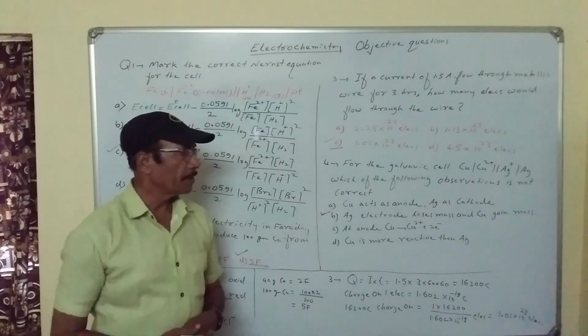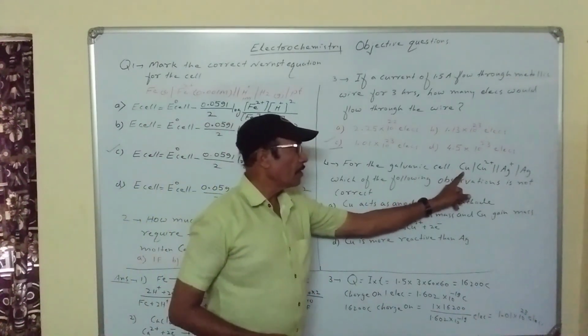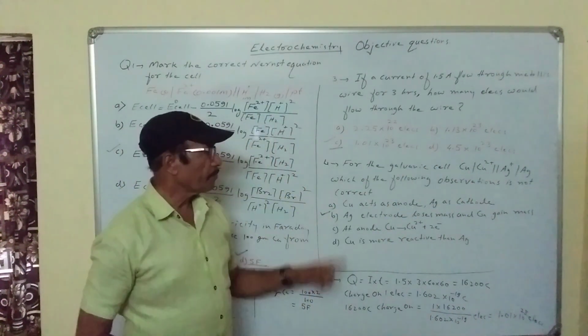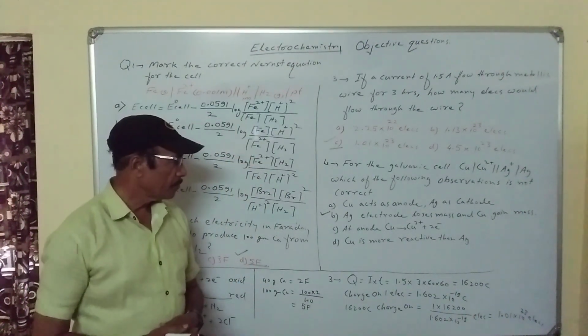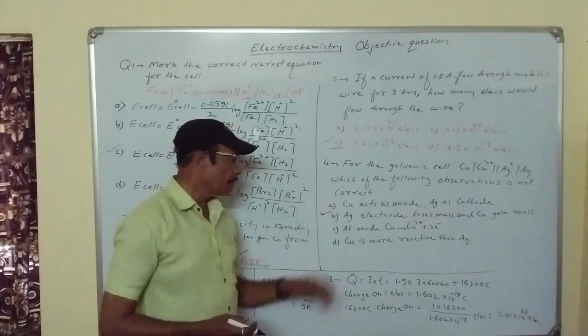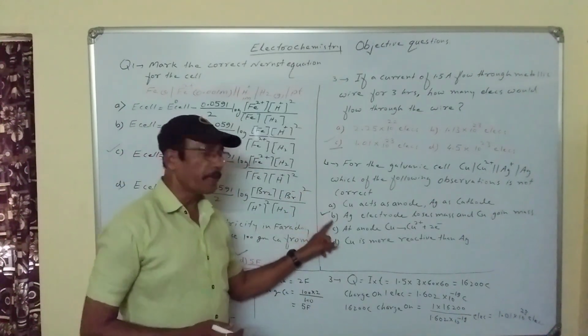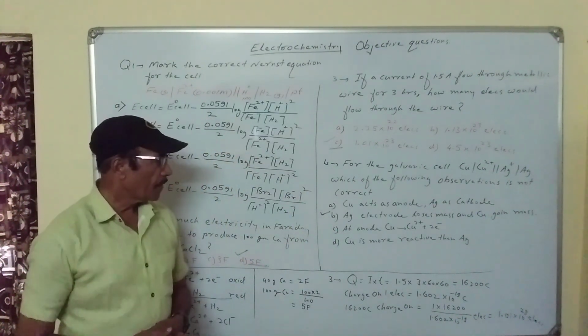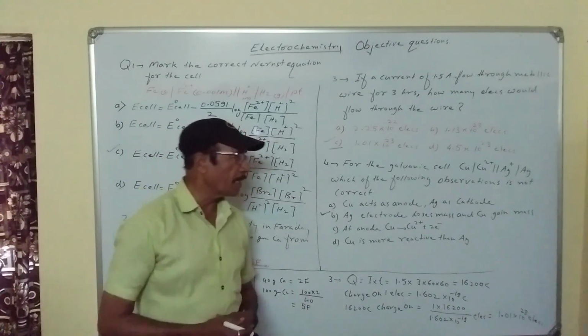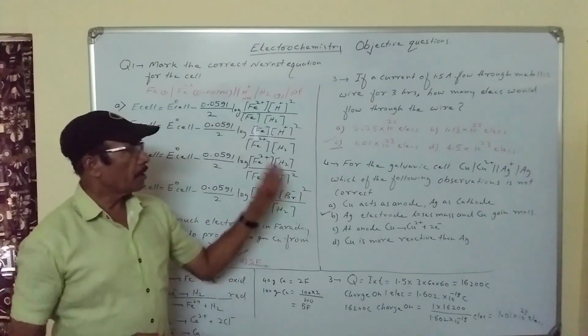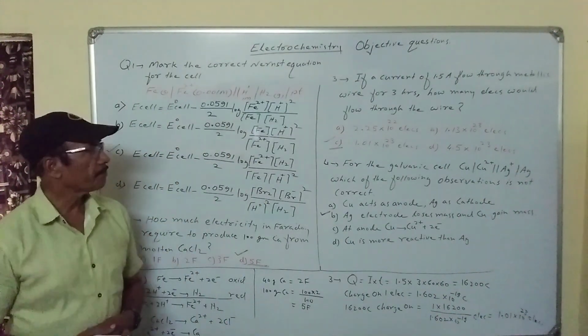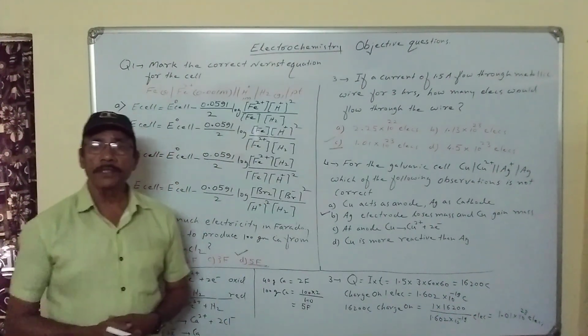This will be the answer, because in this cell copper loses mass and silver gains mass. So for question number 4, the correct option is B. So this is all about these MCQs, the objective questions.